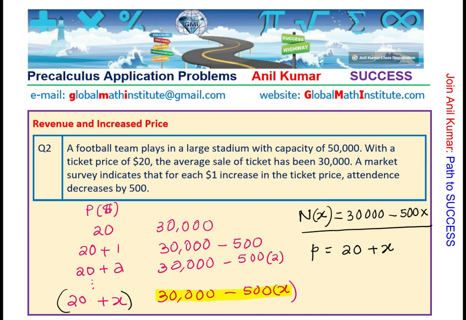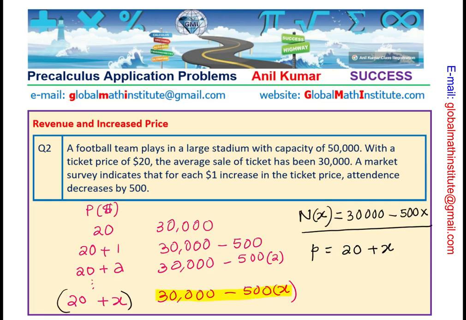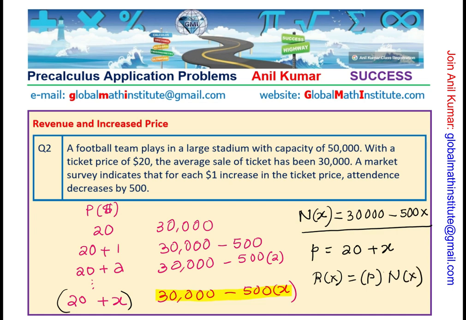Now let's look into the second part of this question, which is express revenue from a football game R as a function of increased ticket price, and then we also want to find the maximum revenue. So the revenue is what? Revenue will be equal to the product of price, let me write P, with number of tickets sold. Makes sense? So let's write down on a new page the revenue.